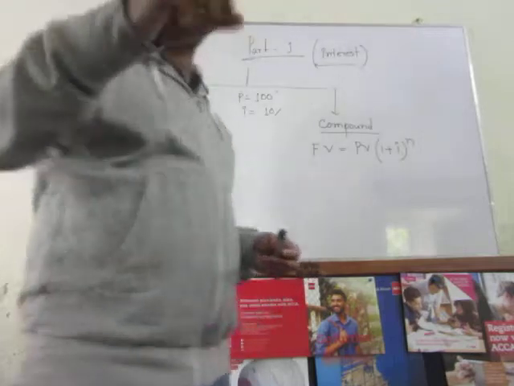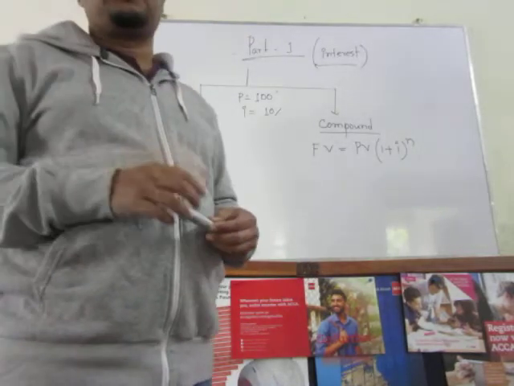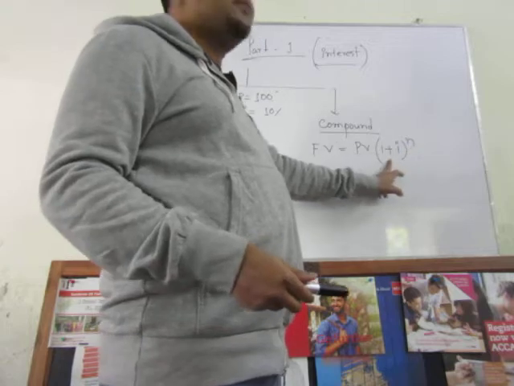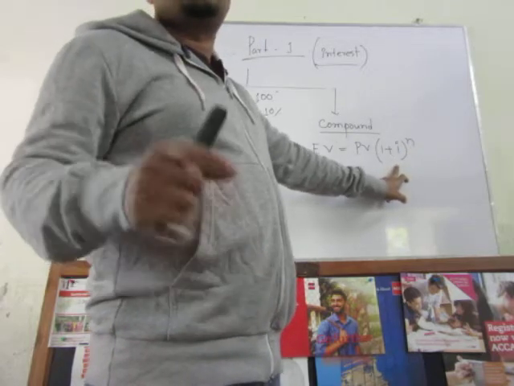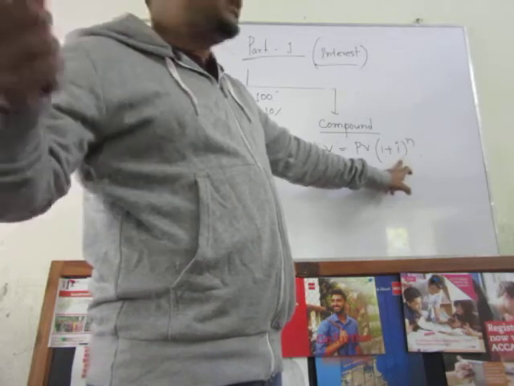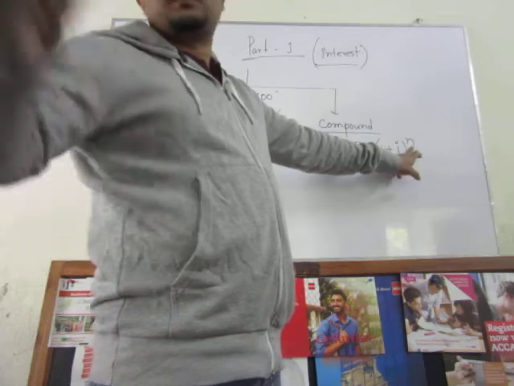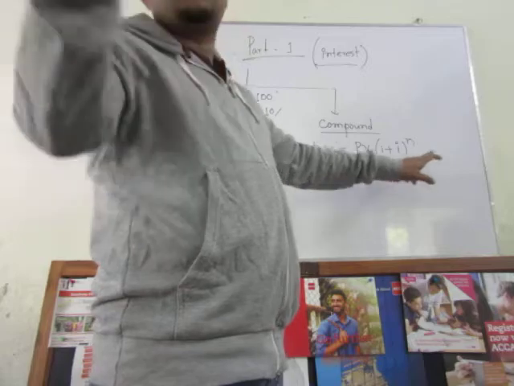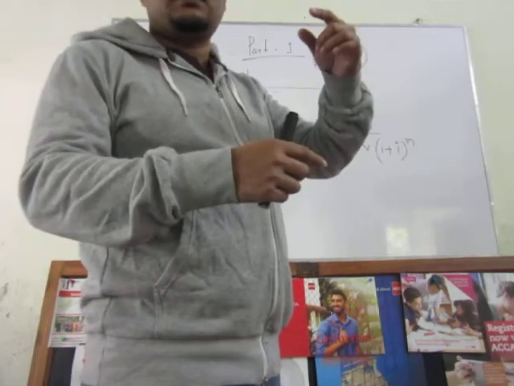For example, if the interest is compounded annually, in that case this is the number of years. If the interest is compounded semi-annually, that means each and every year there are 2 cycles or 2 rounds.